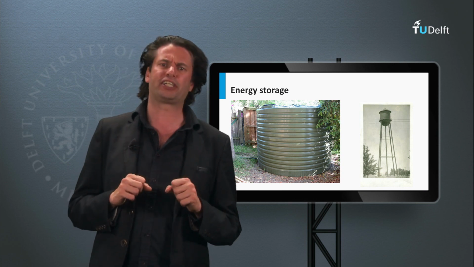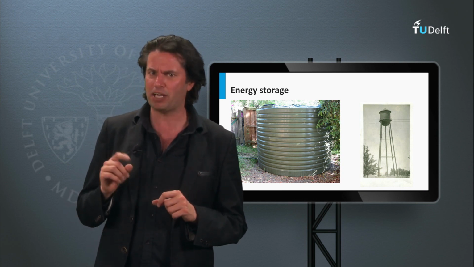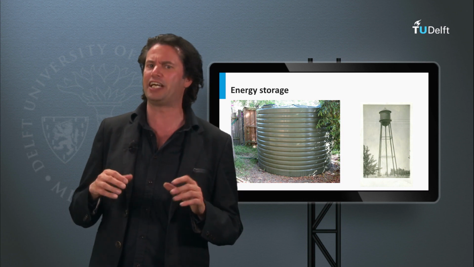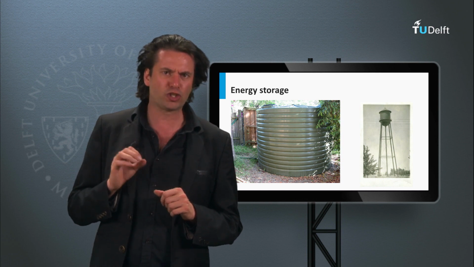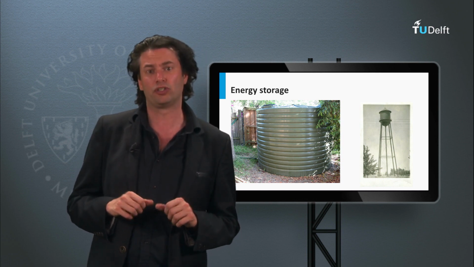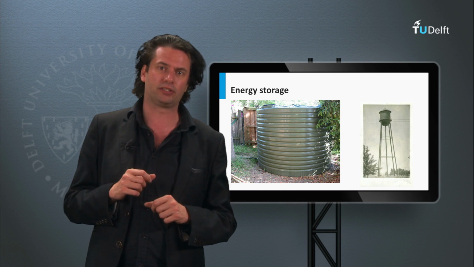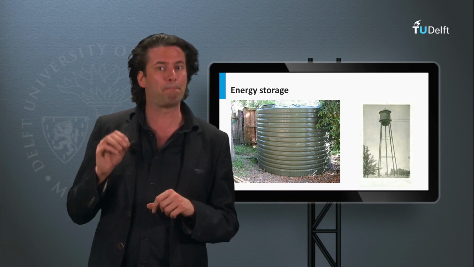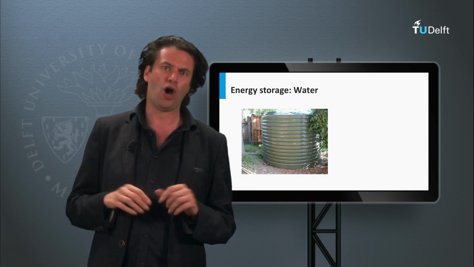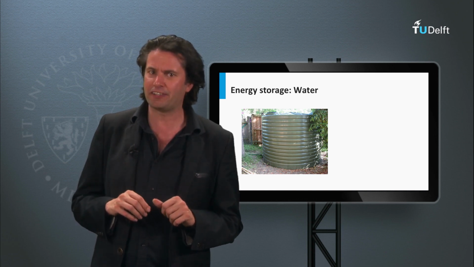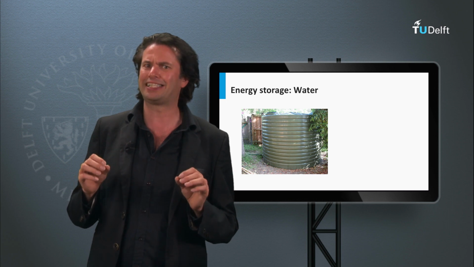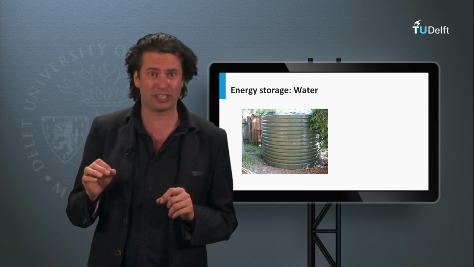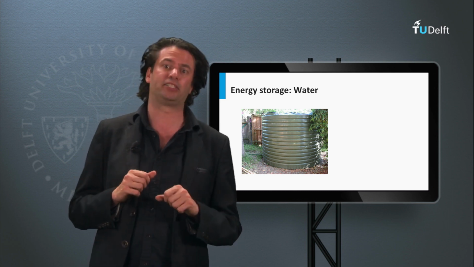There are several storage technologies that can be used, and some of them can even be combined to cover daily and seasonal fluctuations. Generally, solar energy can be stored in liquids, solids or phase change materials, abbreviated as PCM. Water is the most frequently used storage medium for liquid systems because it's inexpensive, non-toxic, and it has a high storage capacity.